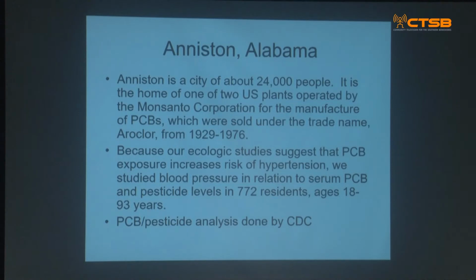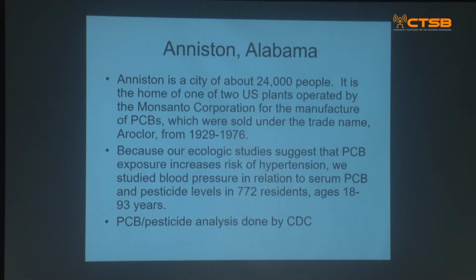Monsanto lost almost all of them, but Senator Shelby of Alabama ordered the Agency for Toxic Substances and Disease Registry to do a health study in Anniston. And it was done by a consortium of universities, including mine. And I was given the responsibility for investigating cardiovascular disease in Anniston.